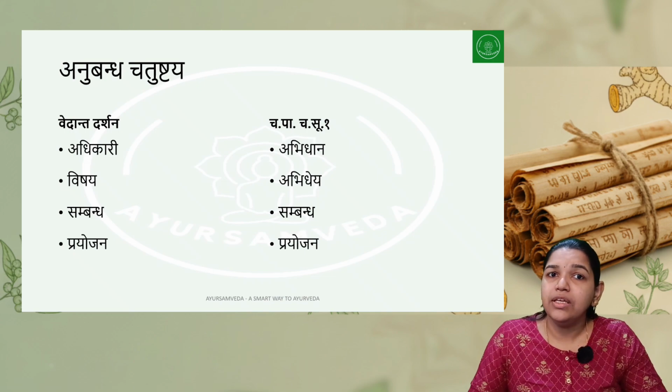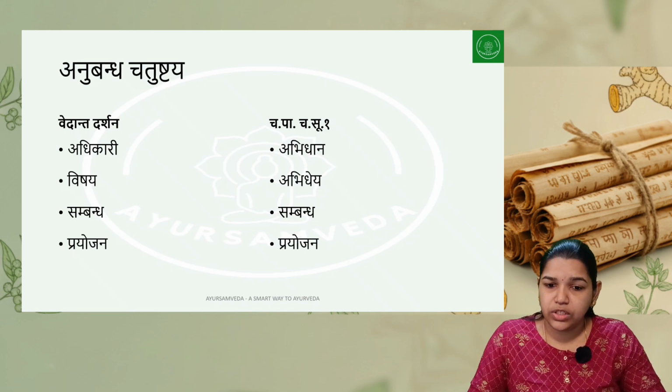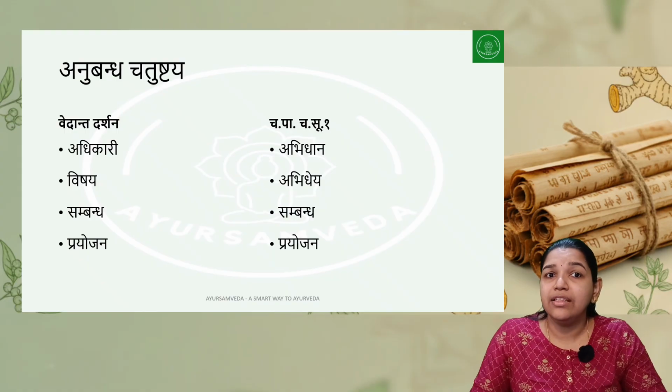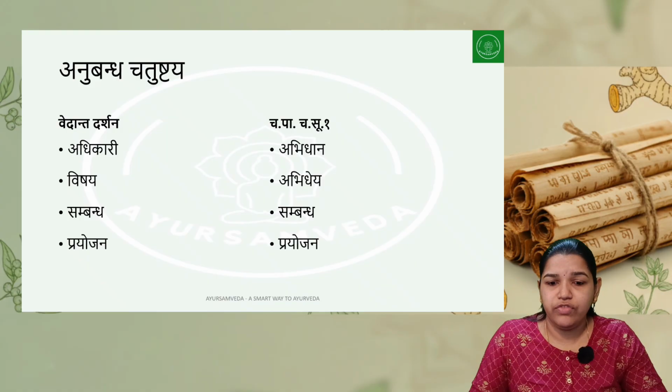Whereas in Chakrapani commentary of Charaka Samhita, Sutrasthana, first chapter, we will get the references of Anubandha Chatushtaya and the terms mentioned are Abhidhana, Abhidheya, Sambandha and Prayojana. So instead of Adhikari and Vishaya, the terms Abhidhana and Abhidheya are included in the Samhitas.